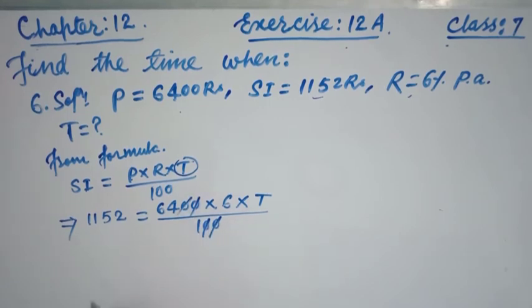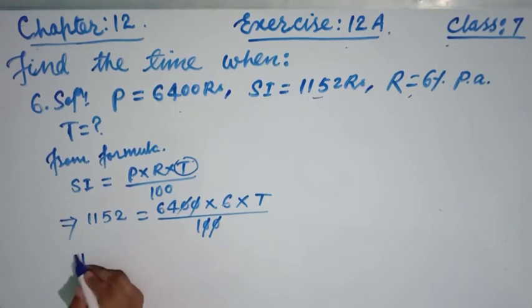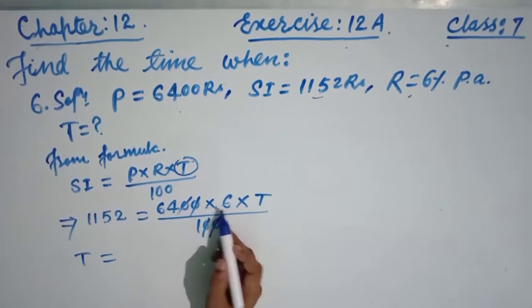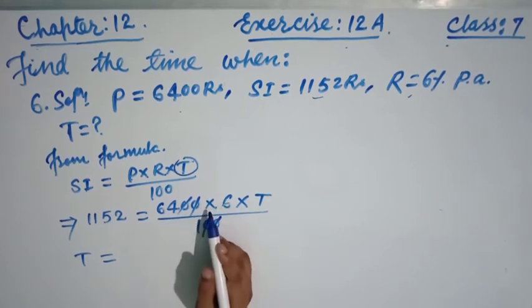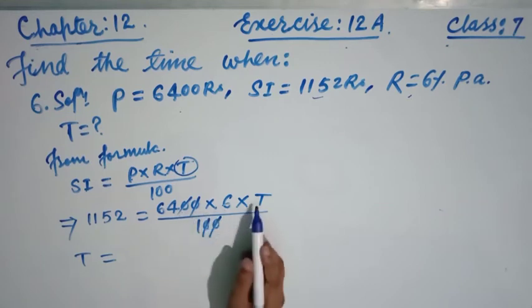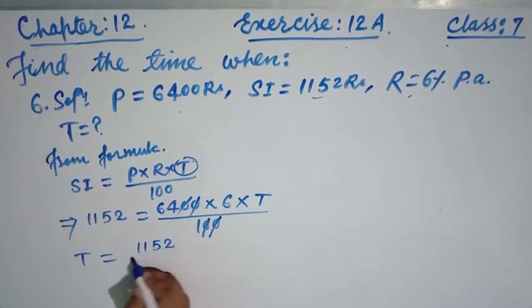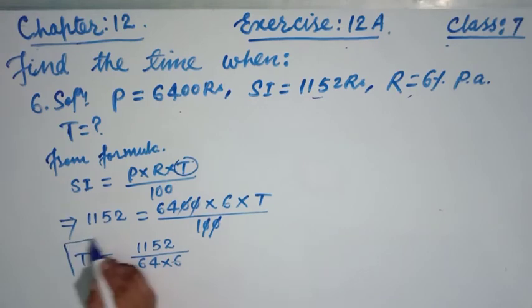So T is equal to 1152 divided by 64 and 6, because these two numbers are in multiplication with T. Now calculate and you will get the answer very easily.